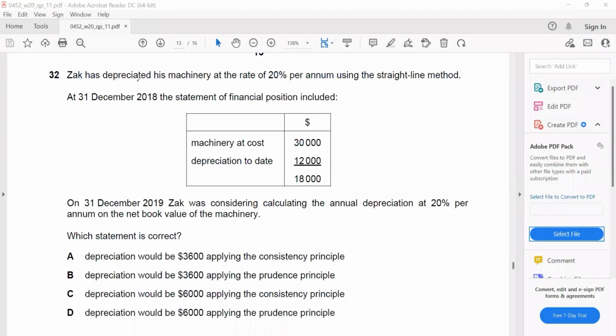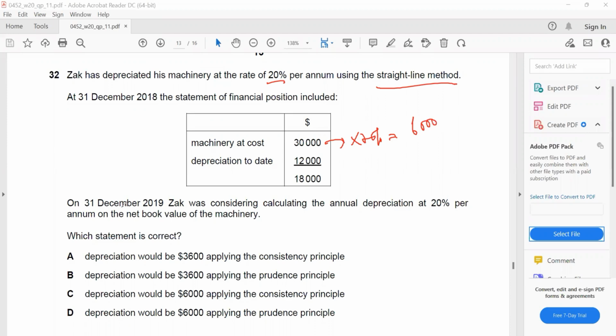Z has depreciated his machinery at the rate of 20%, using the straight line method. Straight line method, taking this one times 20%. So 30,000 times 20% will be 6,000.